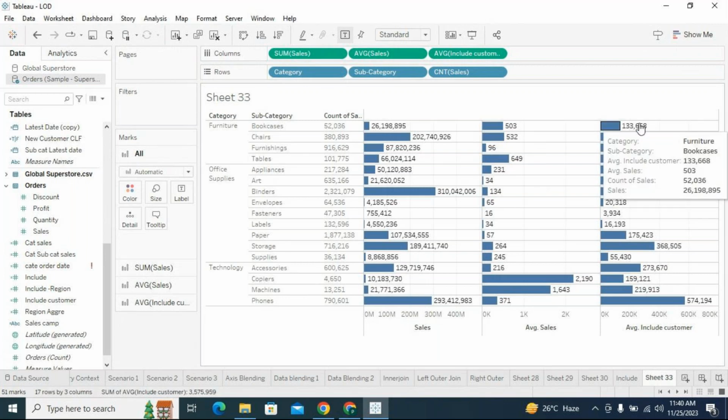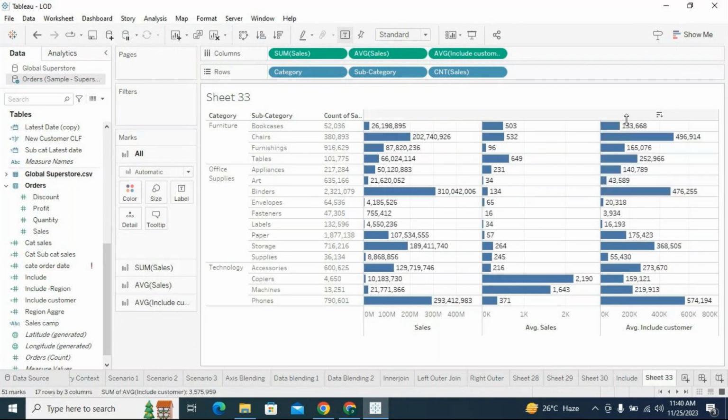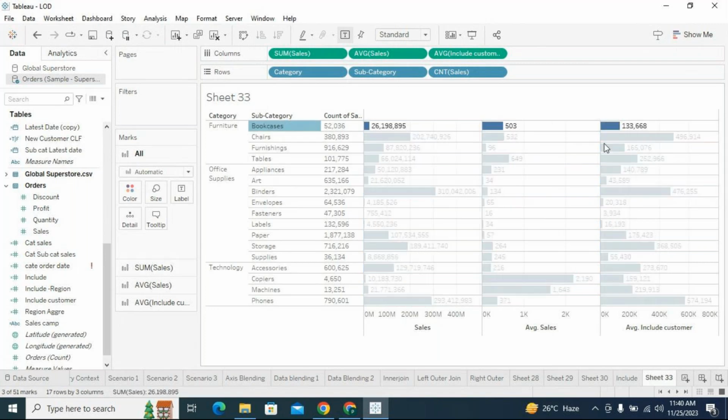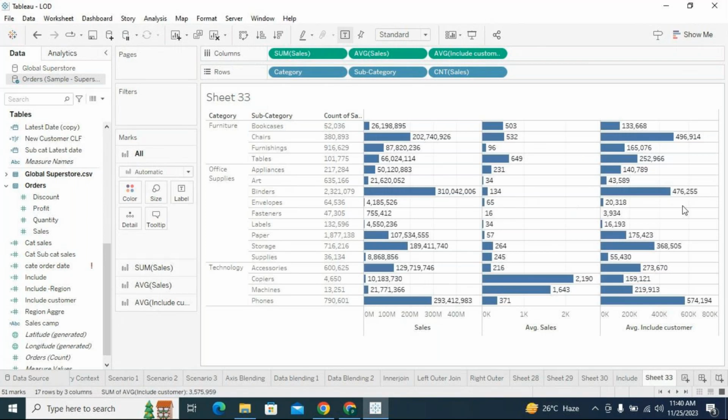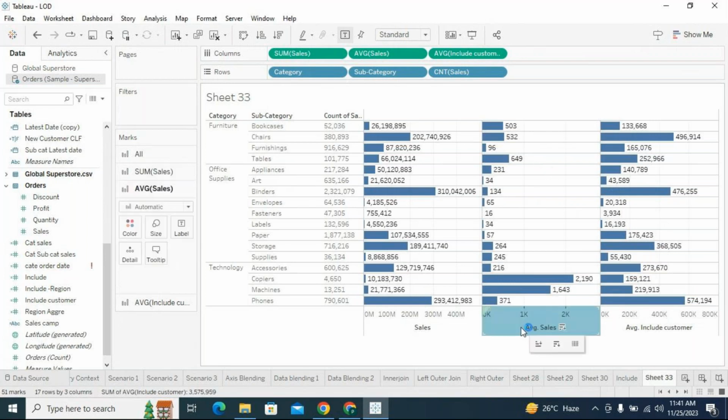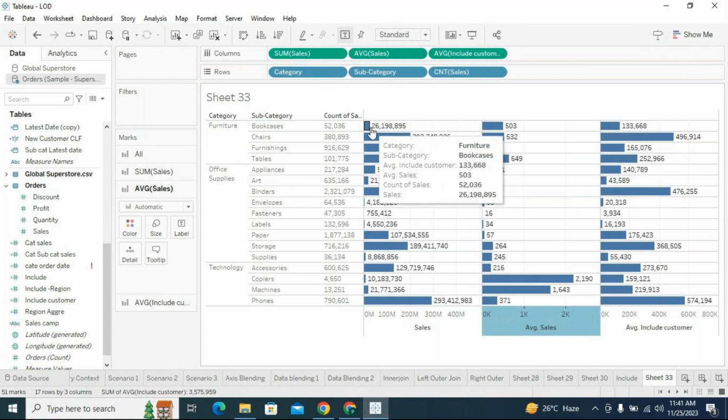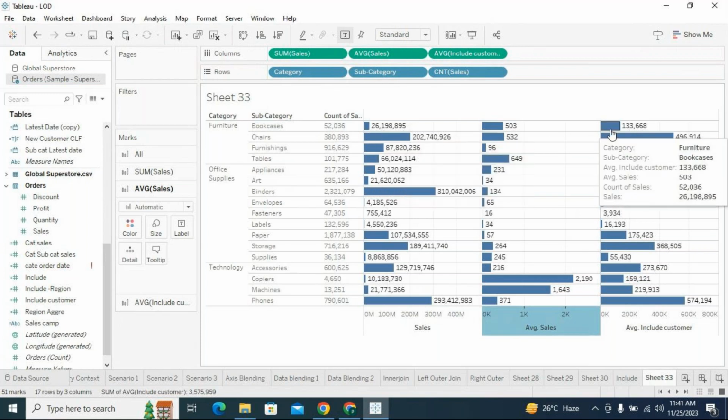So each customer under bookcases, on average, sold an amount of 1,33,668. Got it? So this is 4,96,000. You can see all the values here. If you look at this average sales, sum of sales by number of records equals this. Sum of sales by number of customers is equal to this.